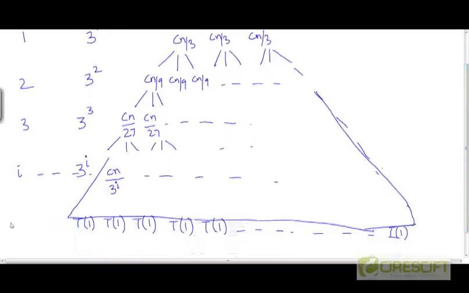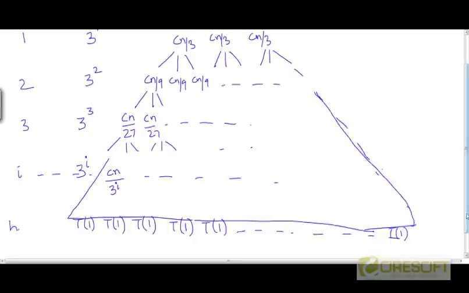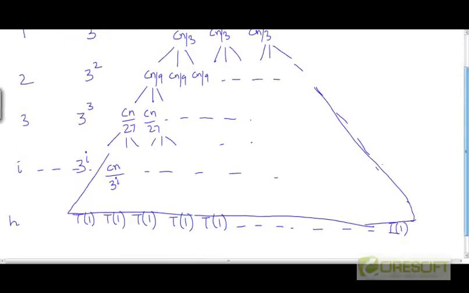And if we call the bottommost level as level h, h denoting the height of the tree, then our subproblems are of size 1 at this stage, except that we are writing them as T of 1 because we are not expanding T of 1 further. Okay, so that's where we stop. And we are going to assume that T of 1 is some constant.